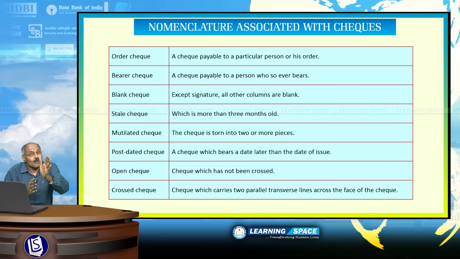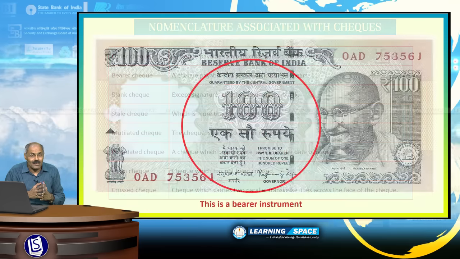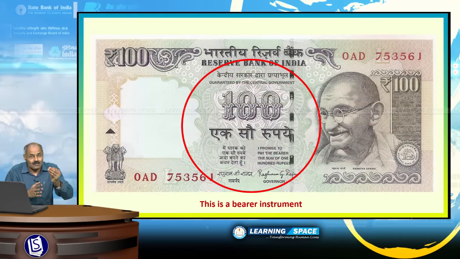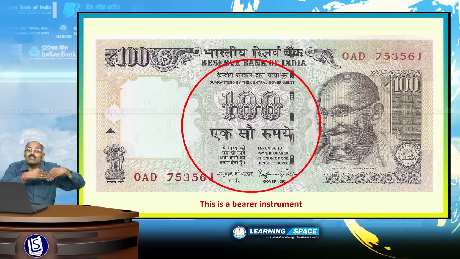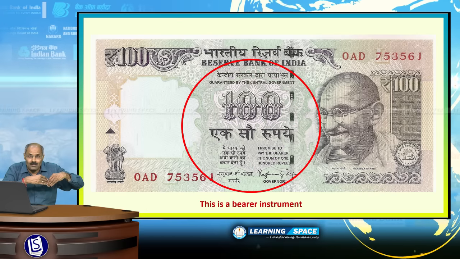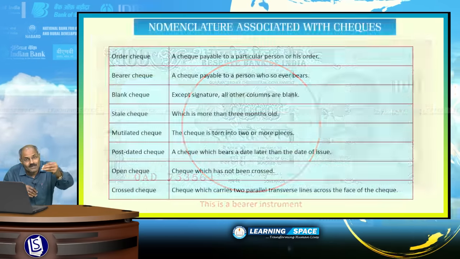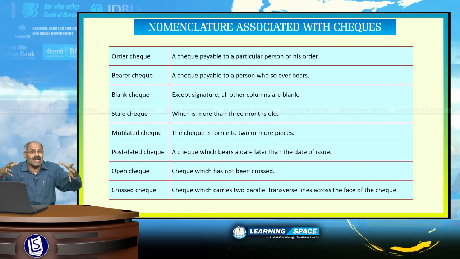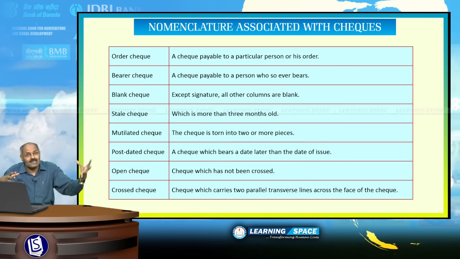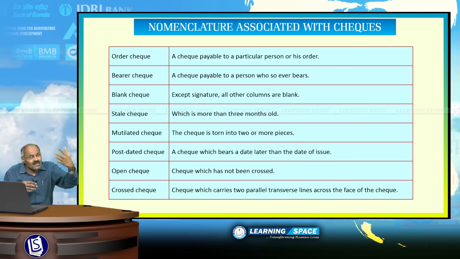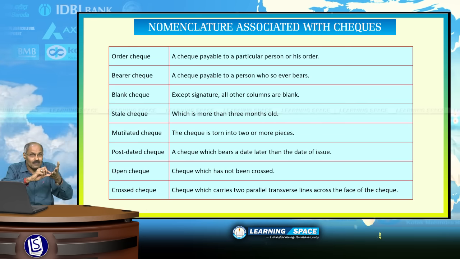Currency note is a bearer instrument, because the owner is the person whoever holds that currency note. Here the bearer check is the check payable to a person whosoever bears, that means whosoever presents the check. An order check is written in somebody's name.